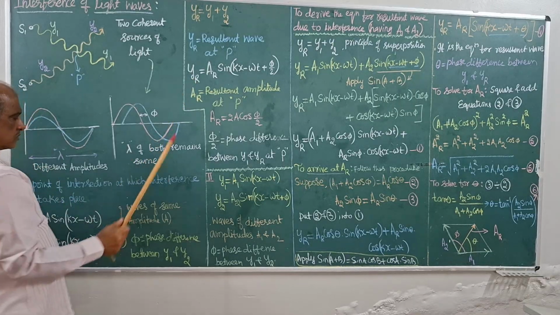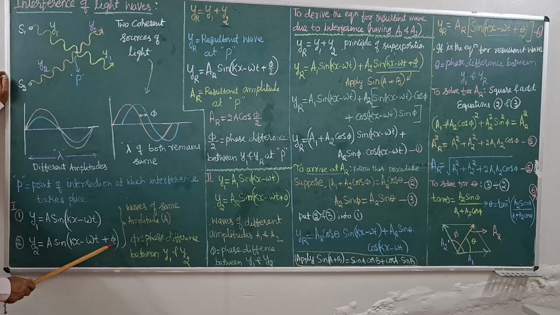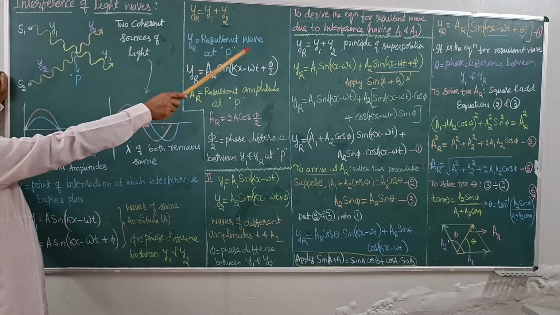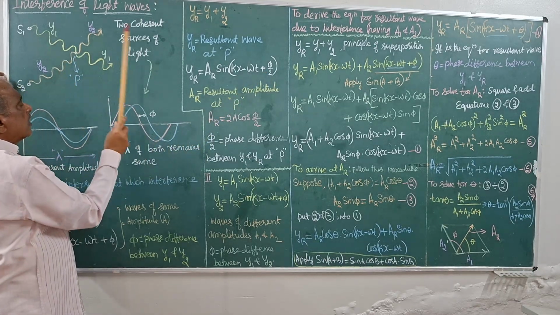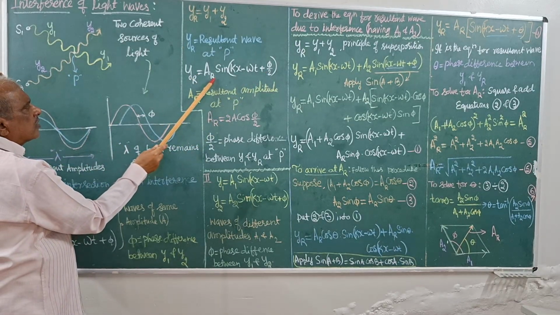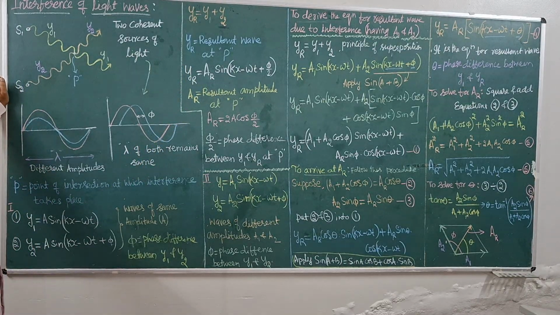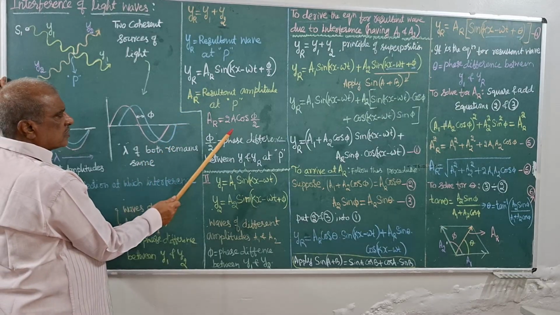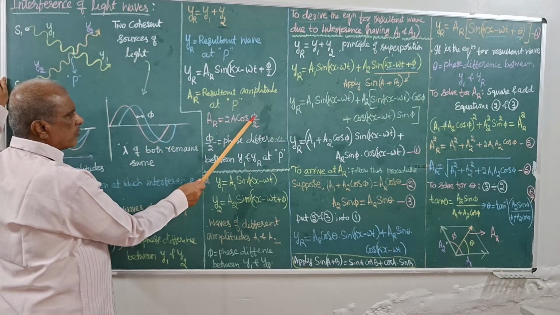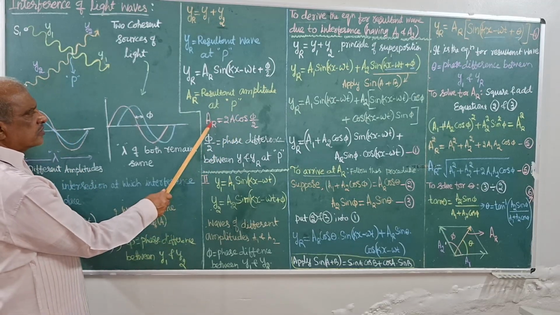Look at the difference: phi is the phase difference between y1 and y2, and phi by 2 is the phase difference between y1 and yR, where AR is the resultant amplitude. And this resultant amplitude is known from the previous class: 2a cos phi by 2. It is the resultant wave.